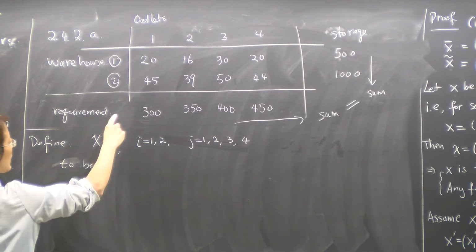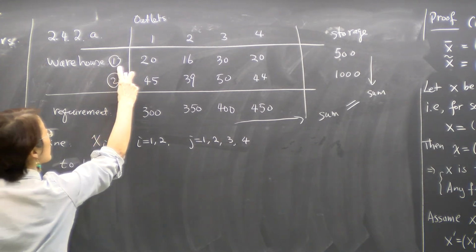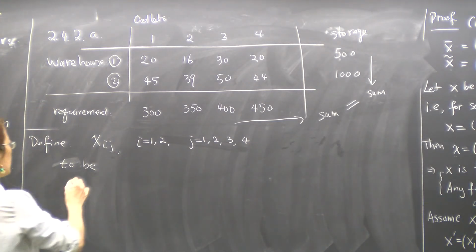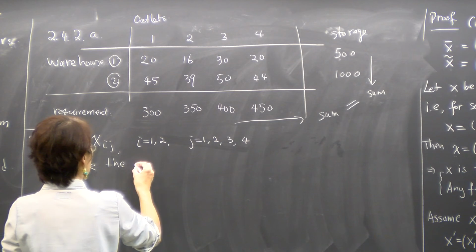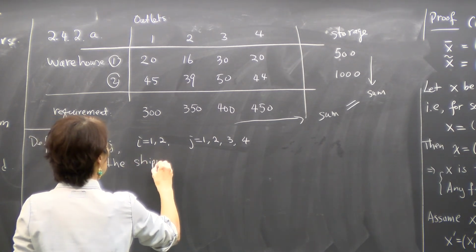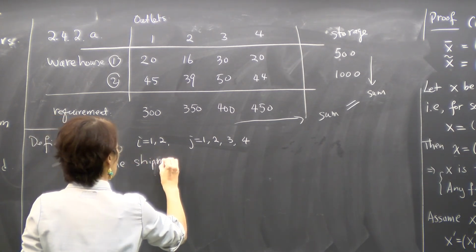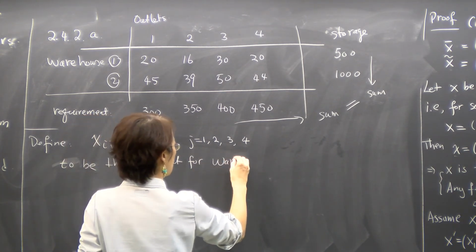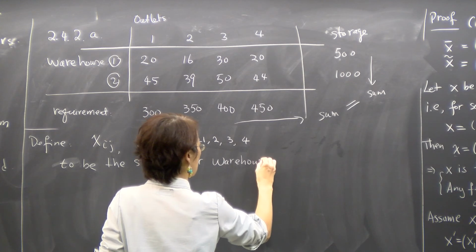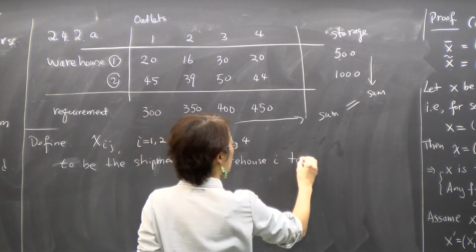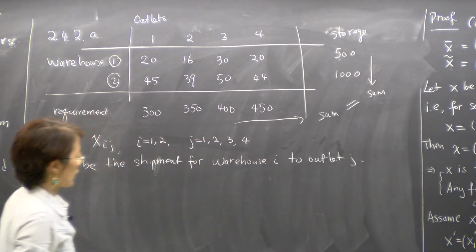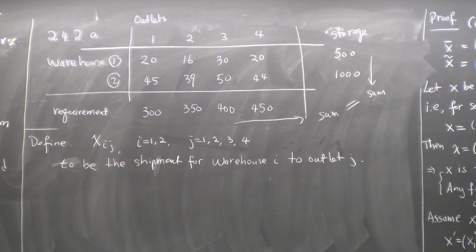The unit, how many from warehouse i is going to outlet j. Is that right? So x_ij is the amount of shipment from warehouse i to outlet j. Okay. Is that what you were thinking if you would do this?